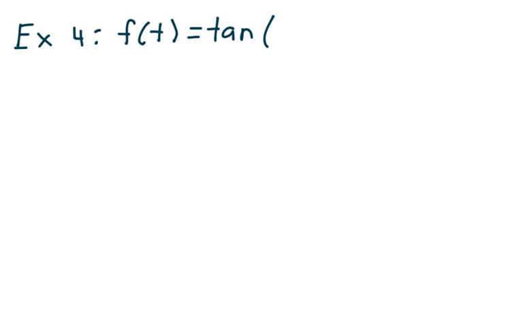I want to do one more example for you here. We'll call this example 4. Suppose f of t is equal to tangent of the square root of 1 plus t squared.